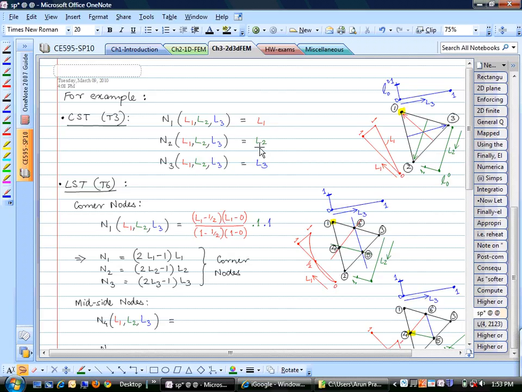So that would be L2 times 1 times 1, again L2, and similarly for L3. So the procedure that we just described for Lagrange shape functions is consistent for this 3-noded triangle.